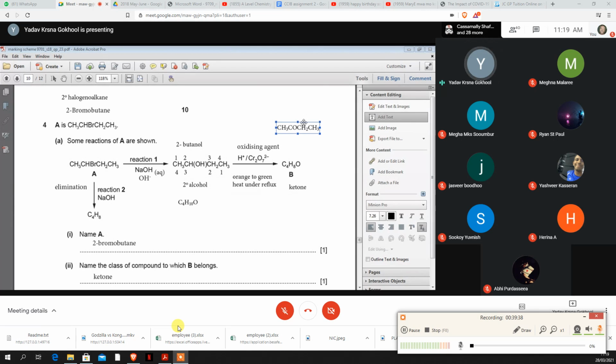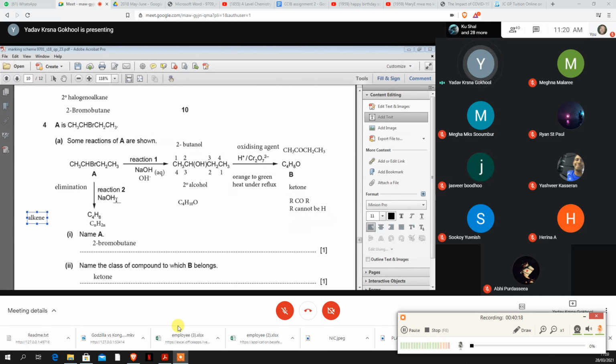Because remember well, a ketone is RCOR, where R cannot be H. What else over here? C4H8, so it is following the CnH2n. When it follows the CnH2n, it is an alkene.